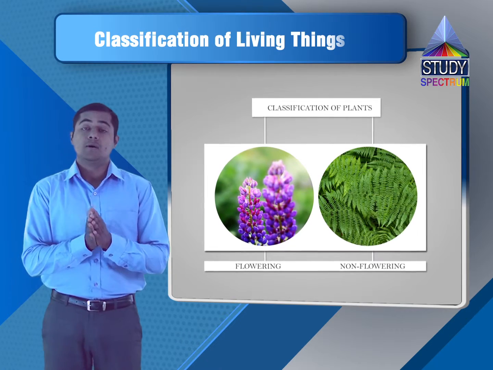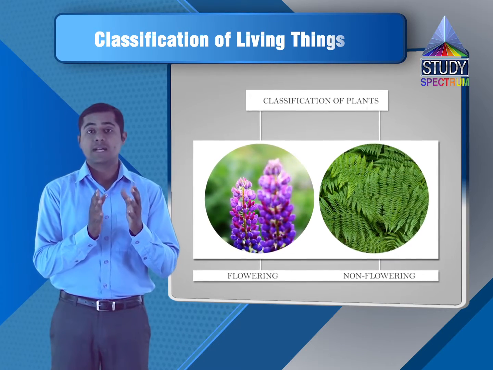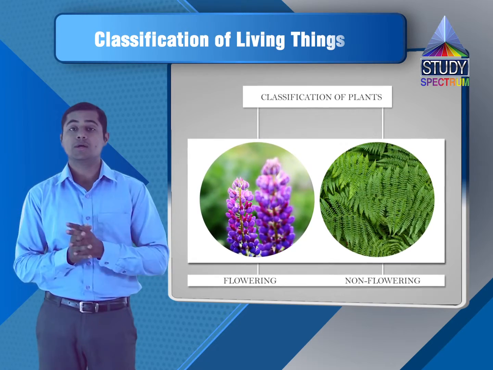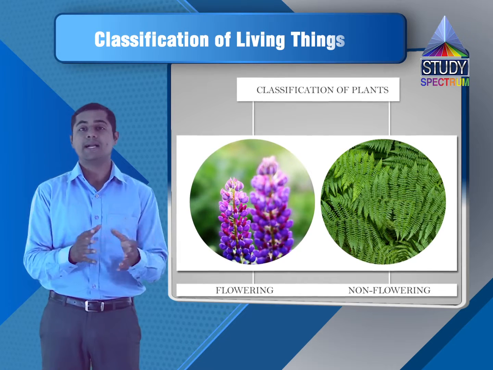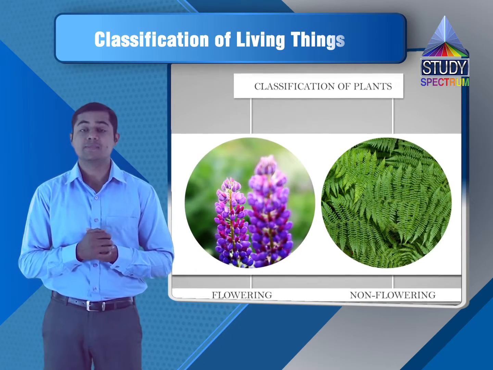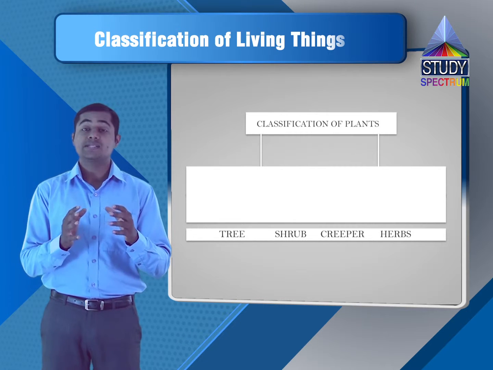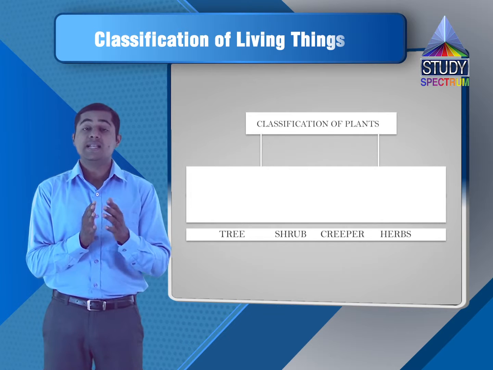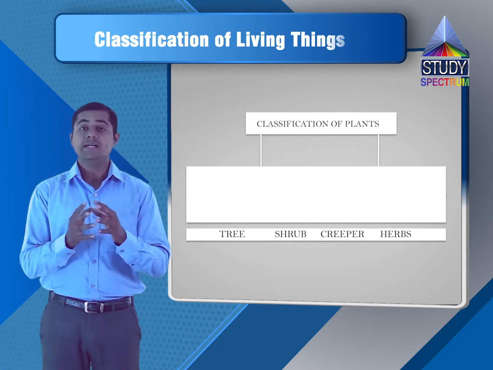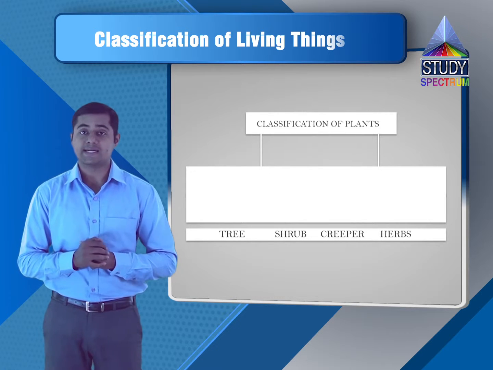Once we have done one criterion, whether the plant has flowers or not, we have divided them into two subgroups, flowering plants and non-flowering plants. Now, there is another criterion also, the size of the plant and how their stem is. On the basis of this, we can make four subgroups of plants.